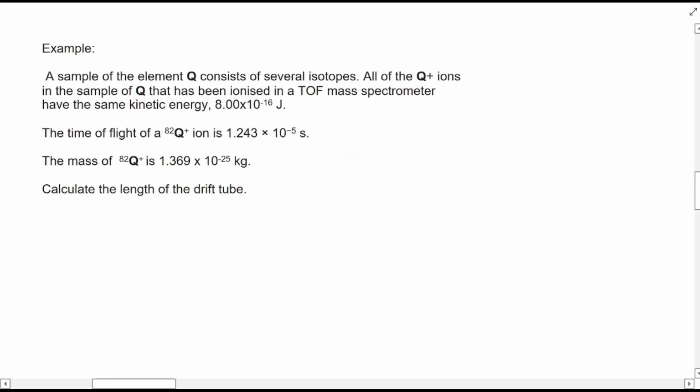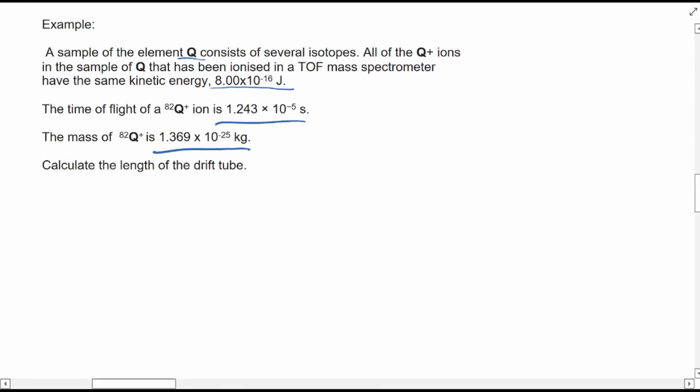So here we've got an example with an element Q, which could be any element, and it's been ionized in the time of flight mass spectrometer, and it's got a kinetic energy of 8 × 10⁻16. The time of flight of 82Q+ is 1.283 × 10⁻5 seconds. They've given us these numbers; we're not expected to figure them out. It's just asking us to calculate the drift tube length.